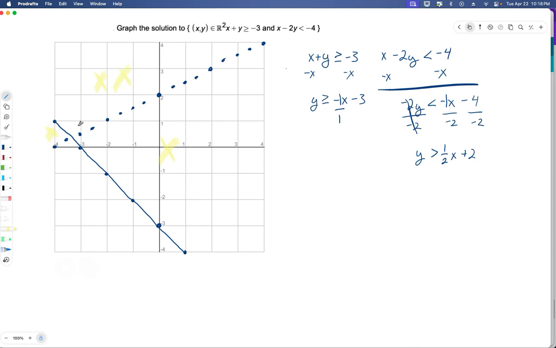So the place that is true for both of those areas, for both of these sections, is the place that is above both of the lines. So this section in the top. So I'm going to get rid of this right here and this right here.